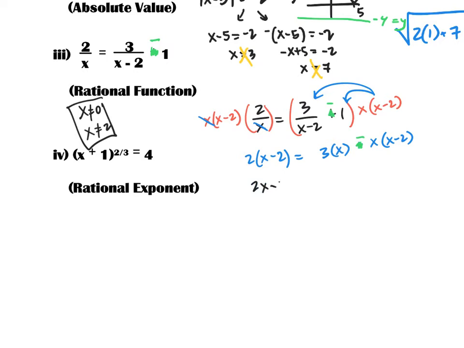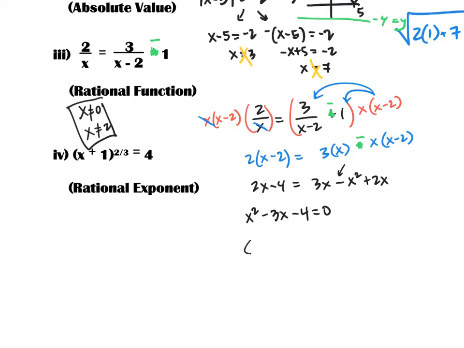So that gives me 2x minus 4 and a 3x and a negative x squared plus a 2x. Okay, so if I bring everything over to the left side of the equation, because I want the leading coefficient to be positive, I'd have x squared, a negative 3x, and a negative 4.